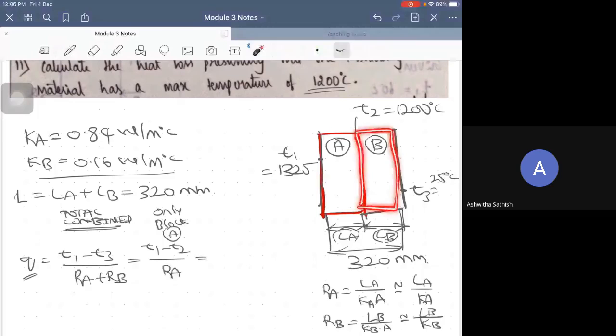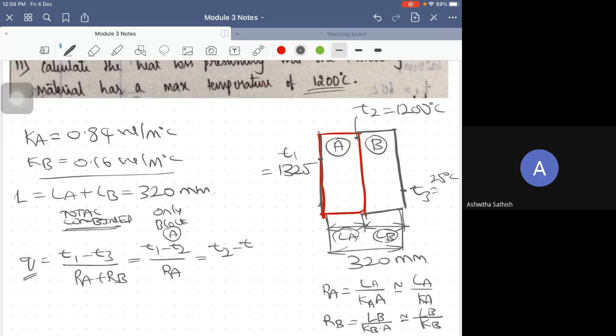Similarly, consider the other block. Here the temperature difference is T2 minus T3, divided by the resistance offered by that block, which is RB.